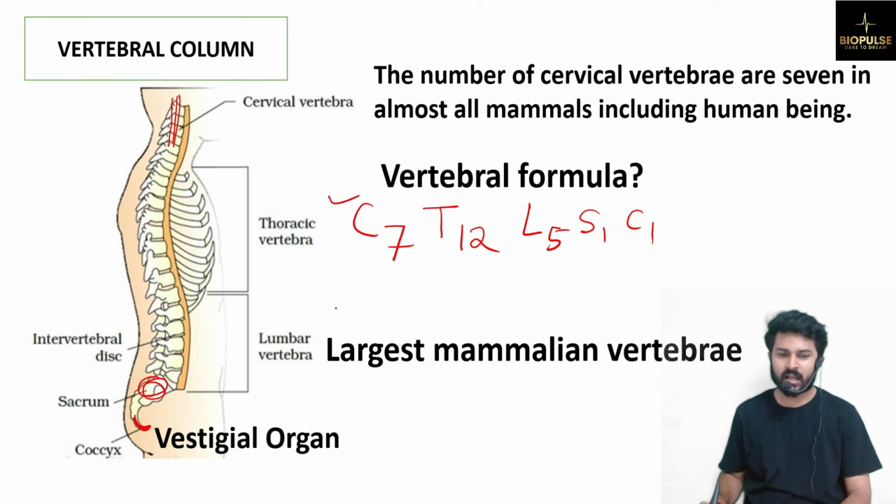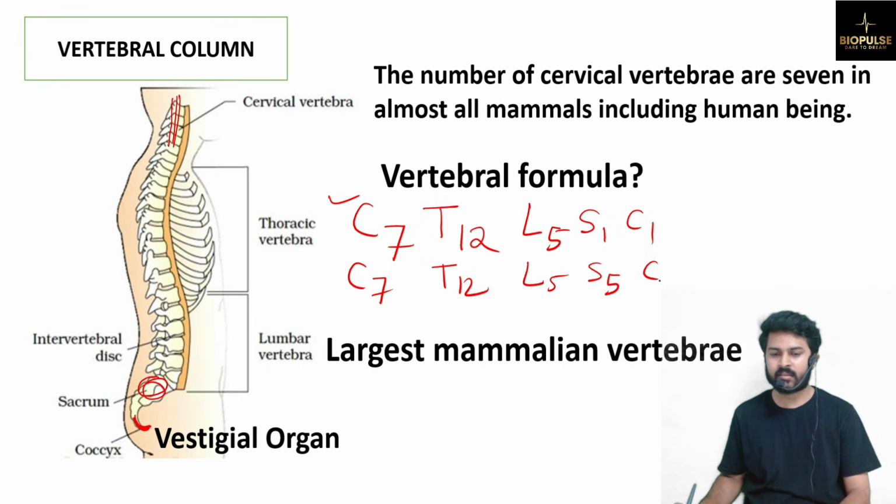Now what if they tell you to give the vertebral formula in a child? You have to tell C7, T12, L5, S5 and C4. That means when a child is born, the child usually has over 300 bones, or near 305 bones.